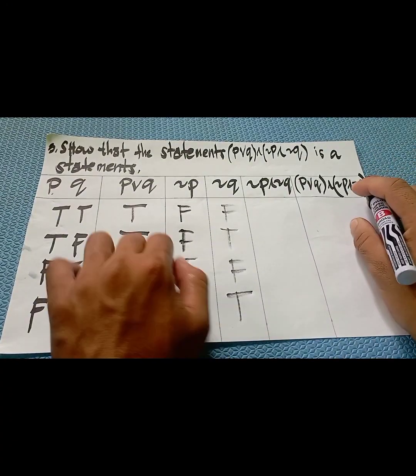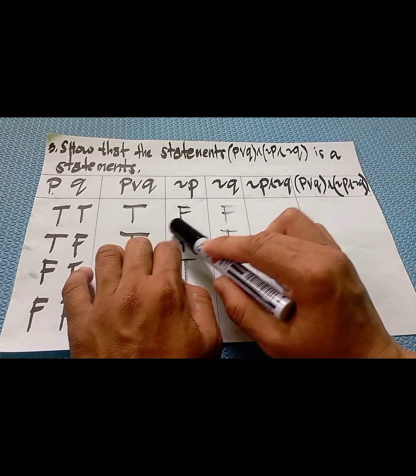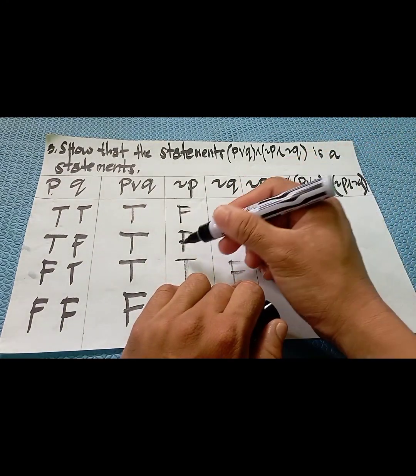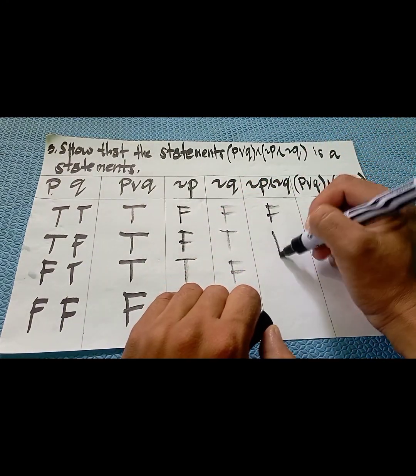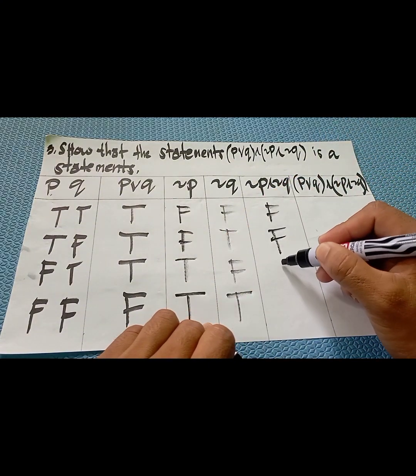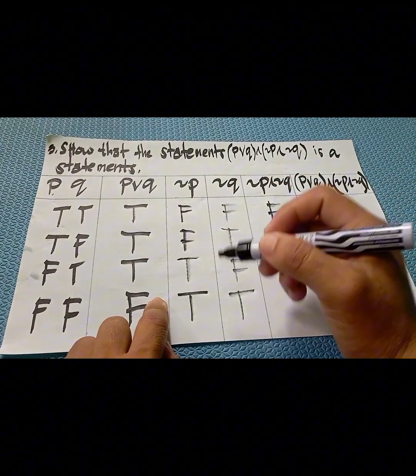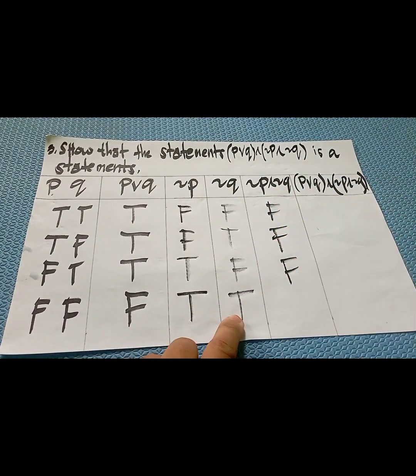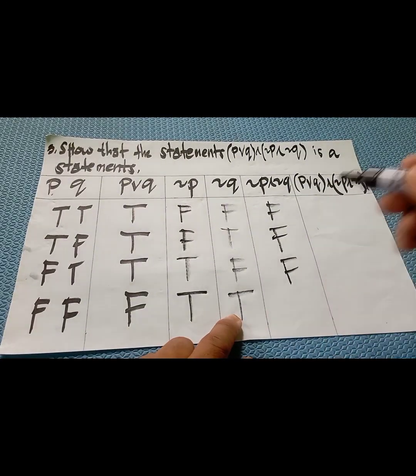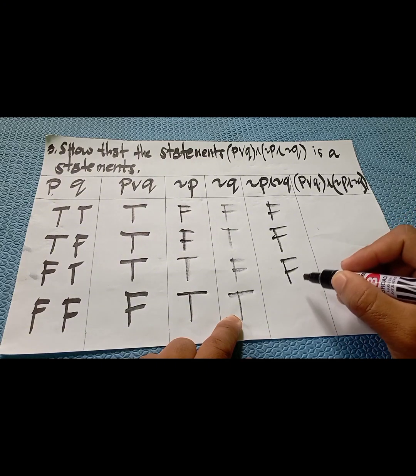So now, take a look at the not P statement and the not Q statement. We have false and false, false and true, true and false, and finally we have two trues in these statements in order to become a true value in not P conjunction not Q.